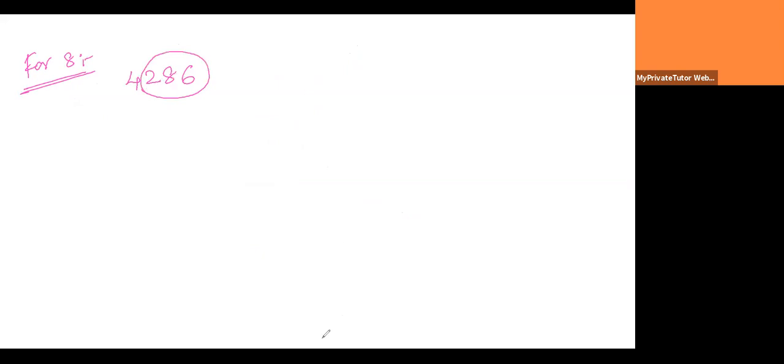We just need to take the last 3 digits of a number. Then we need to check whether that number is divisible by 8 or not. If yes, then this number is divisible by 8.